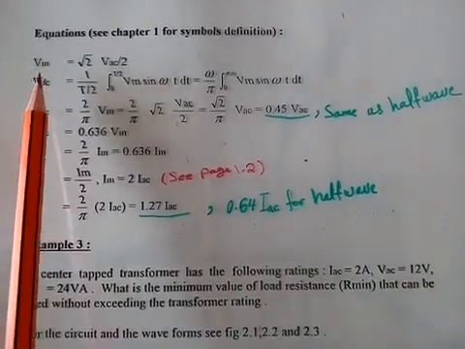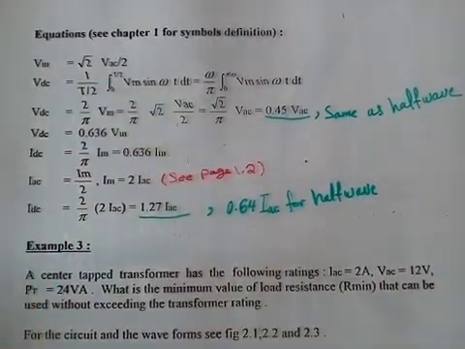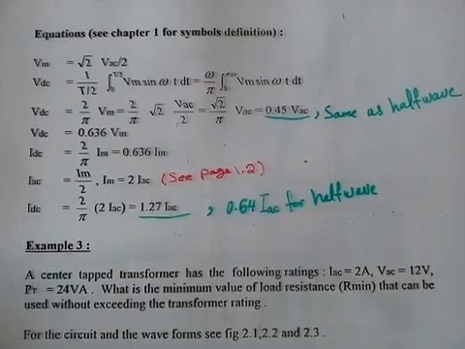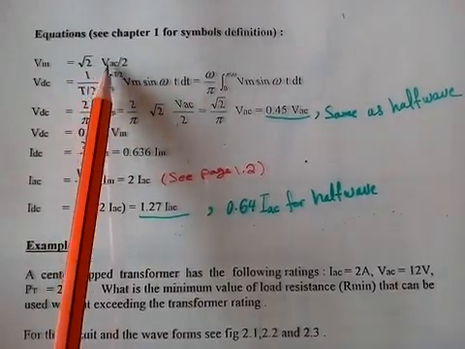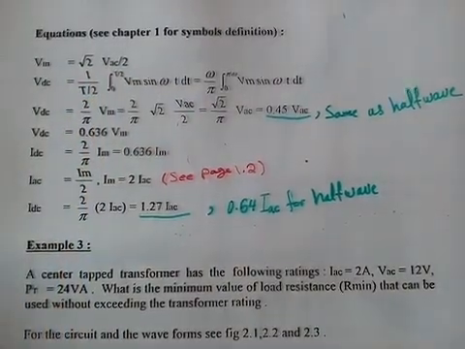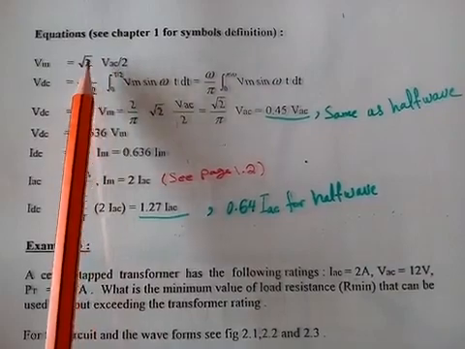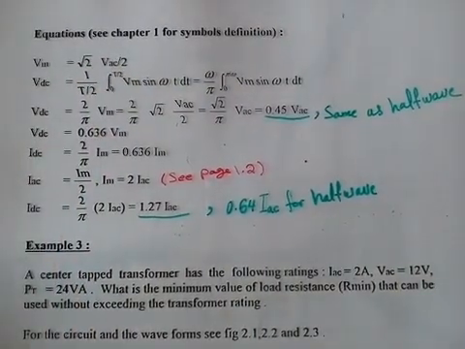The VM, that's the maximum peak voltage, will equal the square root of 2 multiplied by VAC over 2. That's half of the secondary voltage multiplied by 1.4.